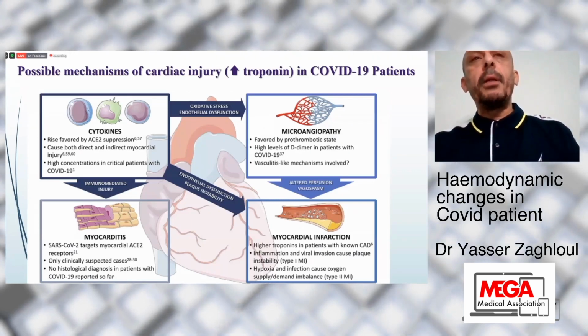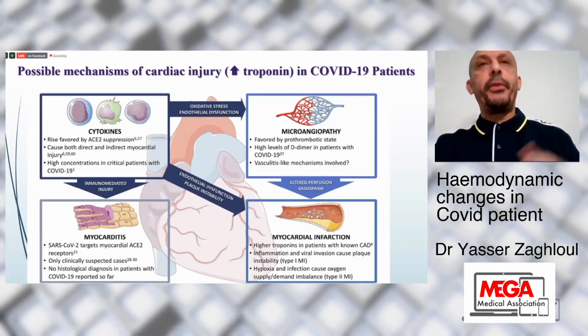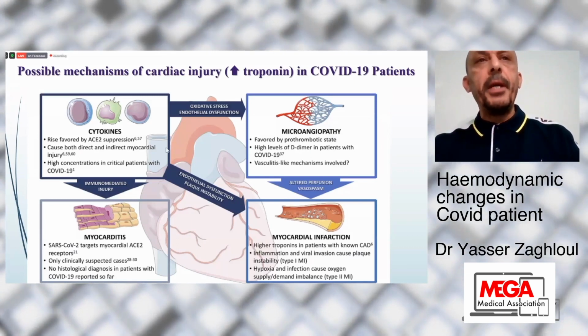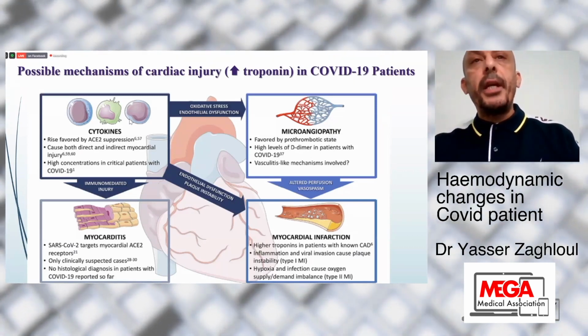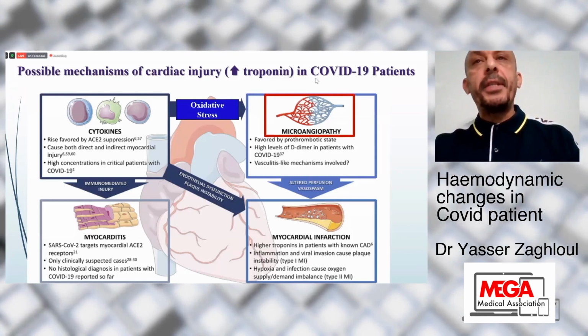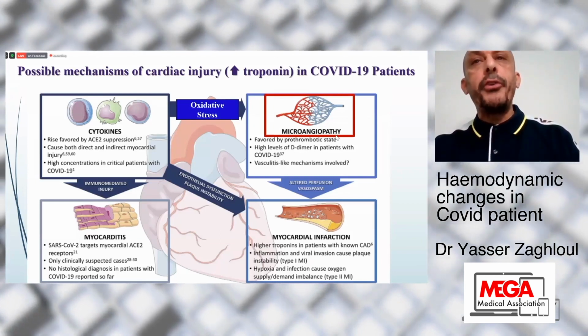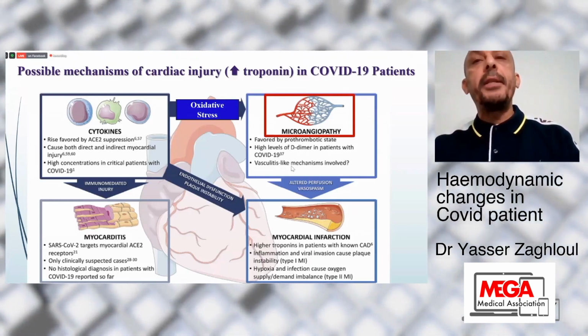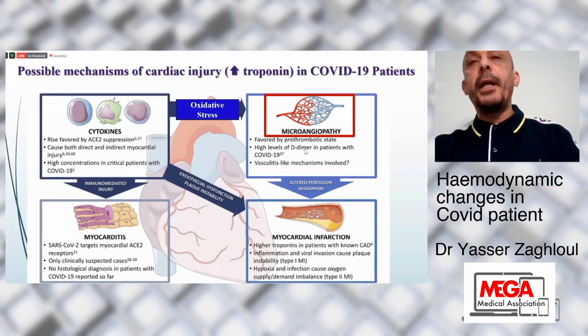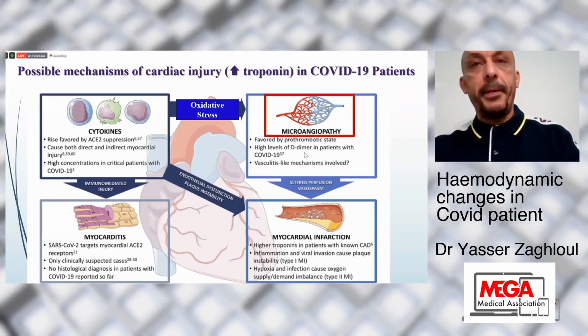How does cardiac injury happen in COVID patients? We have different mechanisms. Due to the release of cytokines, we have oxidative stress, which causes microangiopathy and a vasculitis-like mechanism, and this is characterized by high D-dimer.